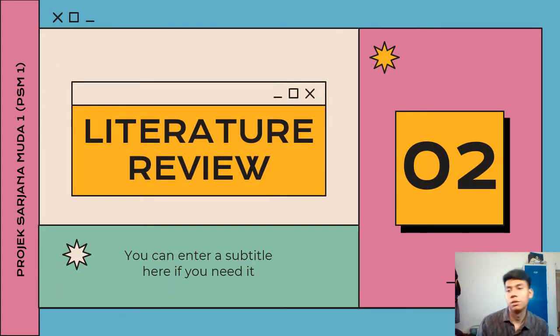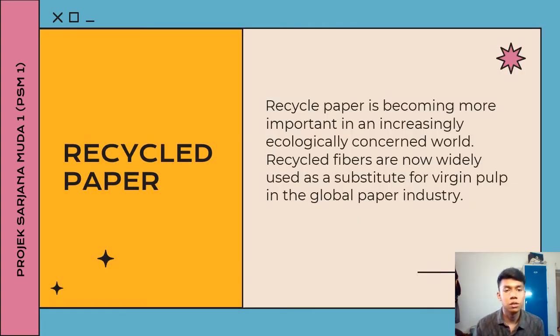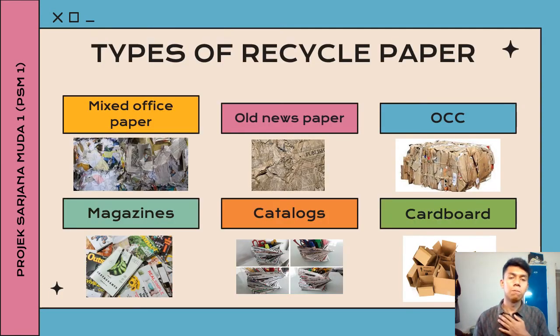Okay, next is the literature review. For the first, we talk about recycled paper. Recycled paper is becoming more important in an increasingly ecologically concerned world. Recycled fiber is now widely used as a substitute for virgin pulp in the global paper industry. There are a lot of types of recycled paper.